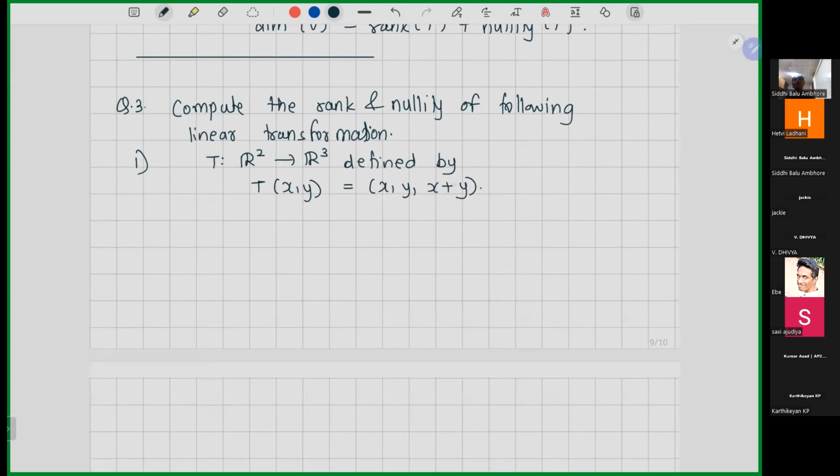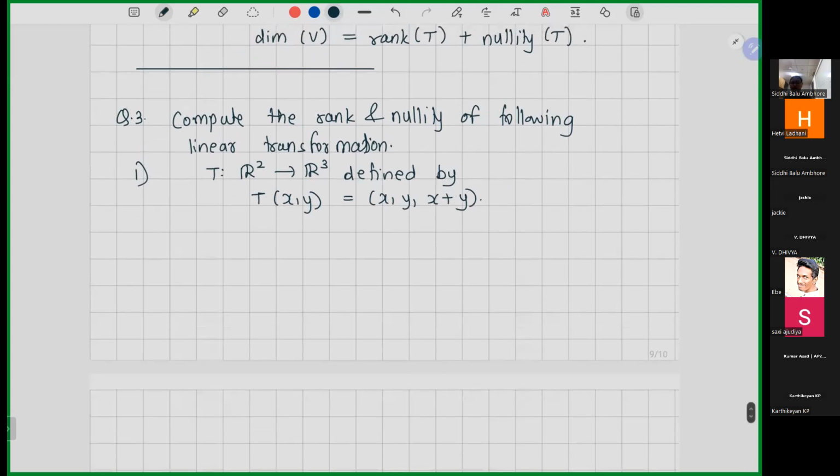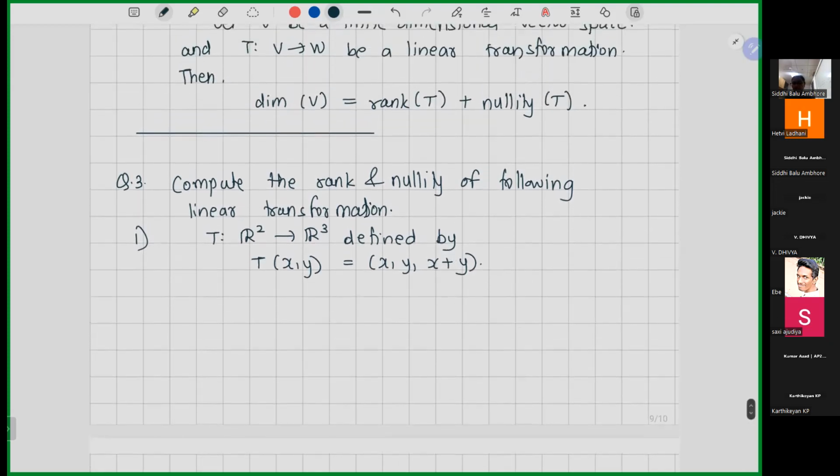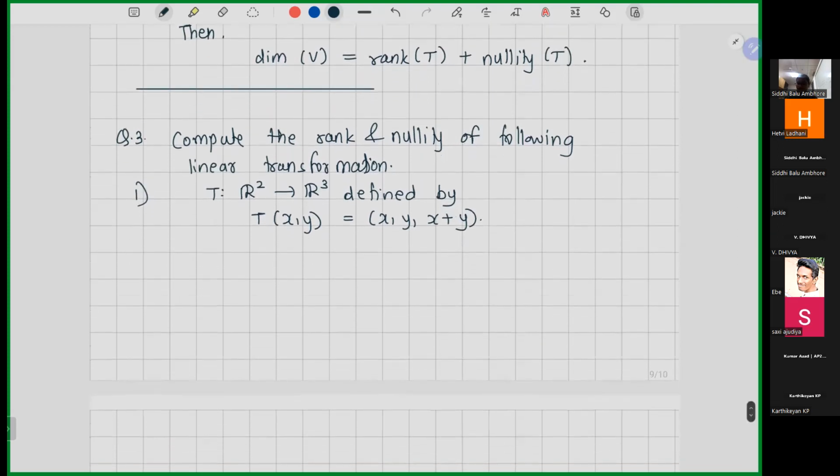First we have to find the nullity, so first we find the null space of T. It is the set of (x, y) in R2, since the null space is always a subspace of V, the domain, such that T(x, y) is equal to 0.